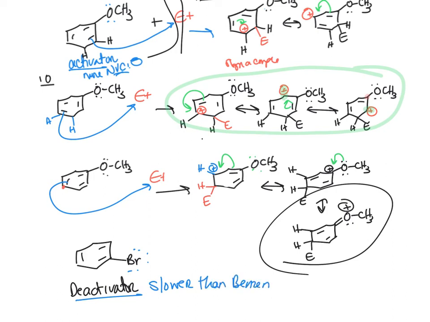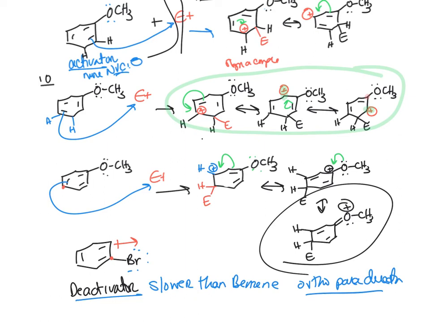But it's an odd one because it's an ortho para director. And you remember that the meta directors are the deactivators. So this is the exception. So place a polarity arrow on the carbon-bromine bond.